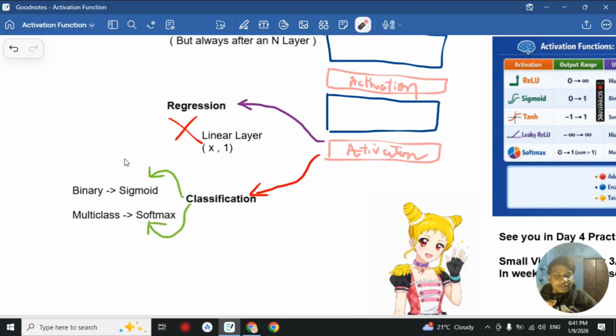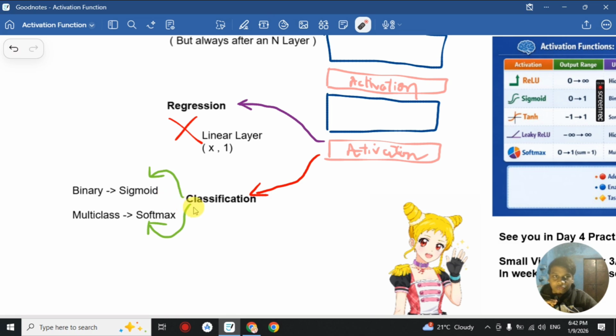For classification, it depends on what task we are doing. If it's binary classification, we always use sigmoid, but if it's multi-class, we use softmax.